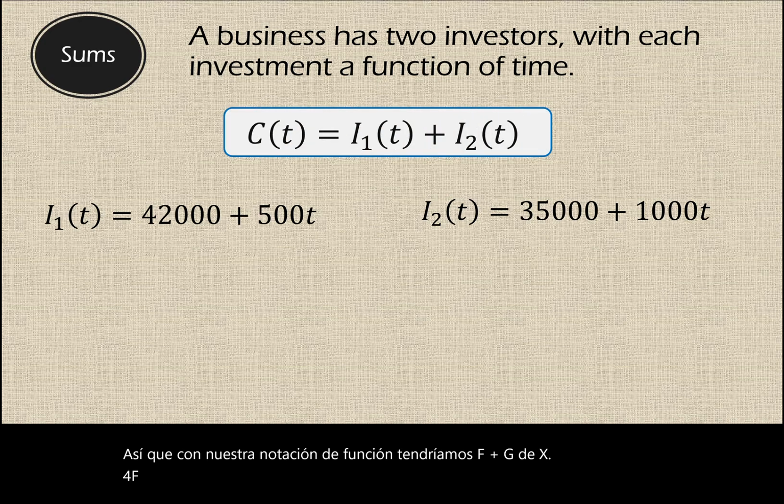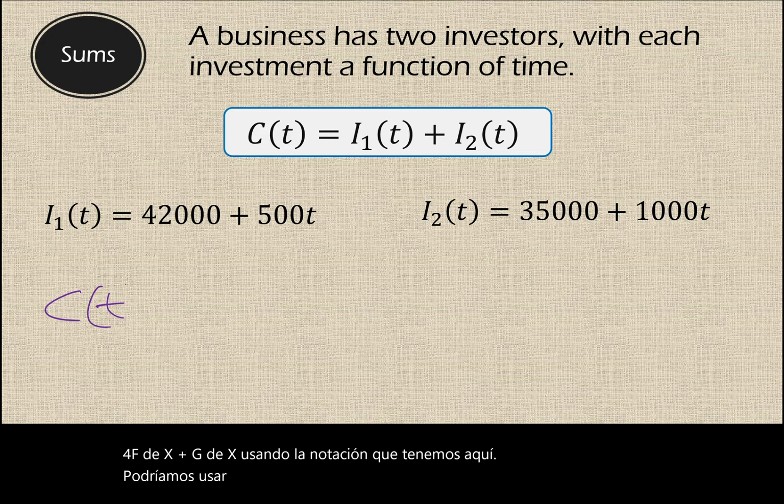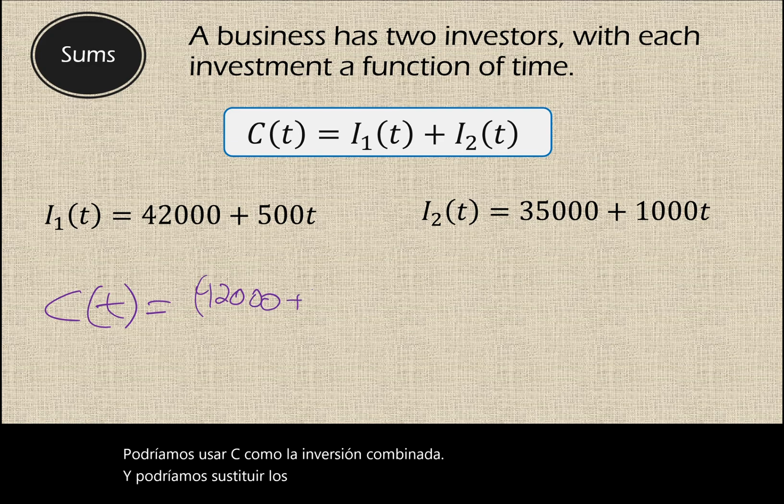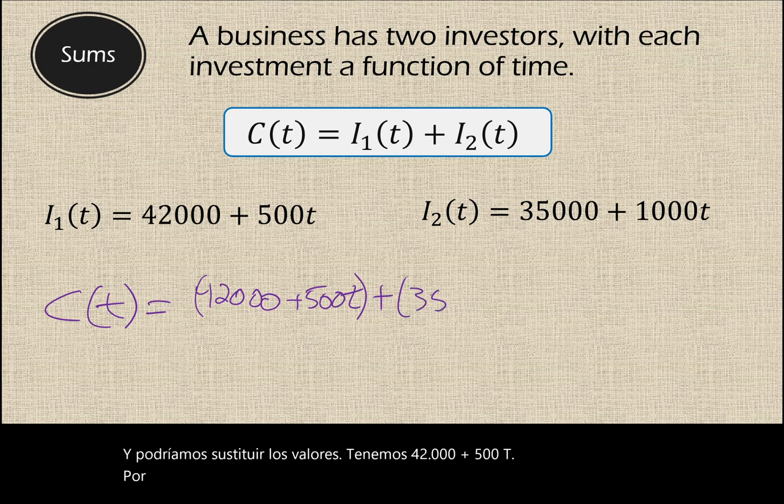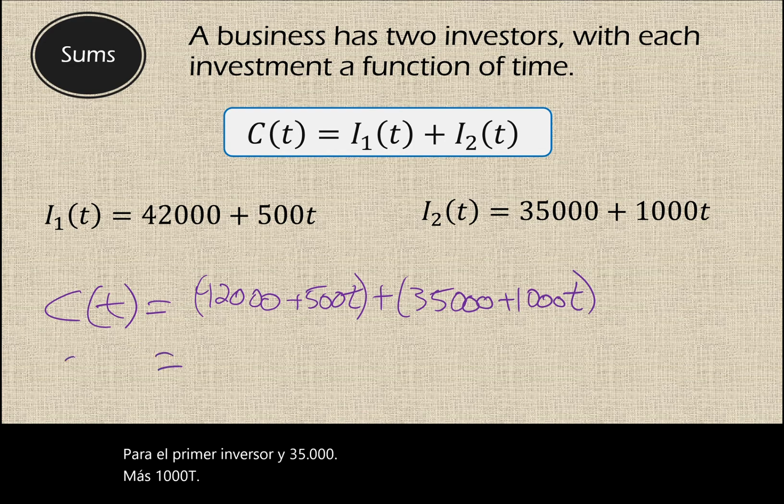Using the notation we have here, we could use c as the combined investment, and we could substitute the values we have, 42,000 plus 500t for the first investor, and 35,000 plus 1,000t for the second investor.